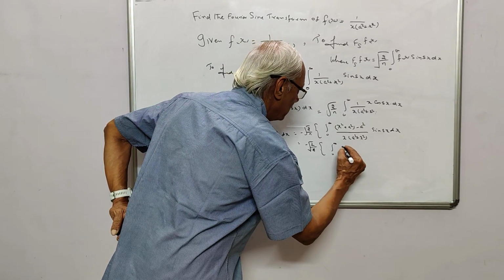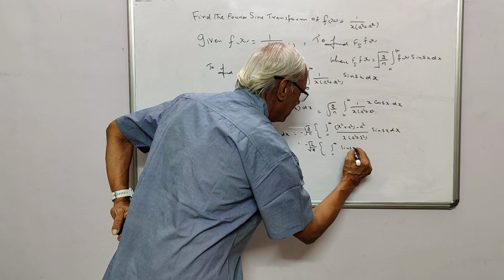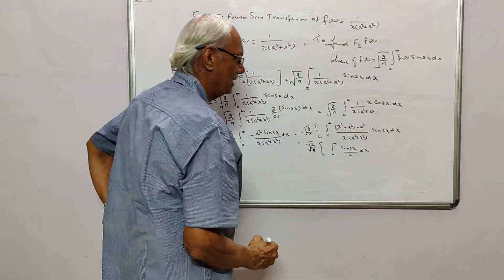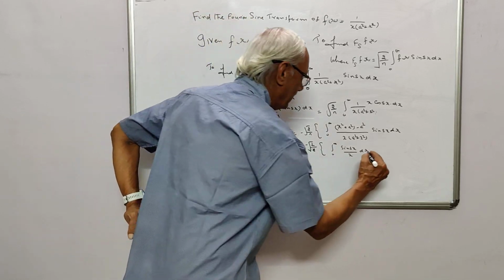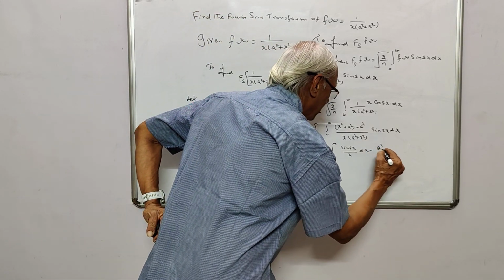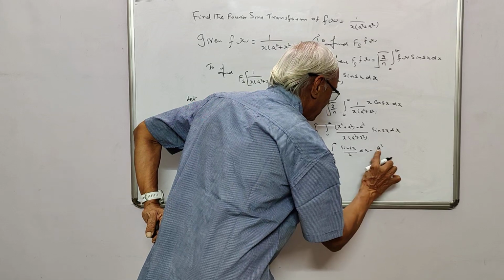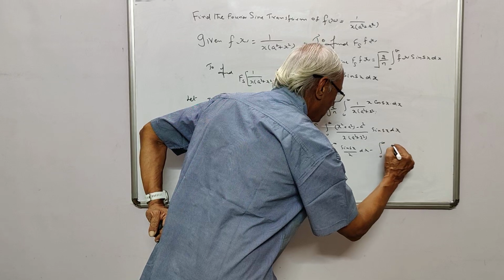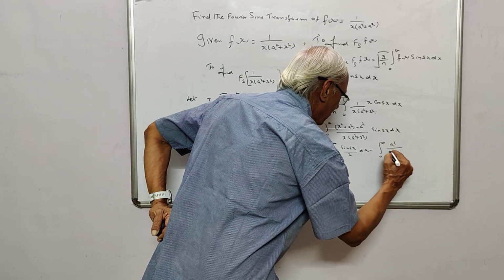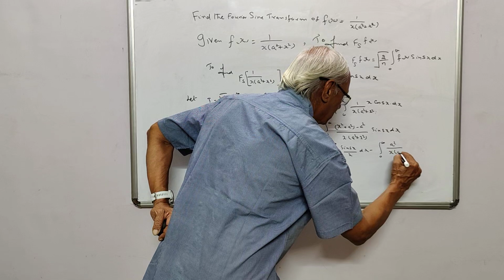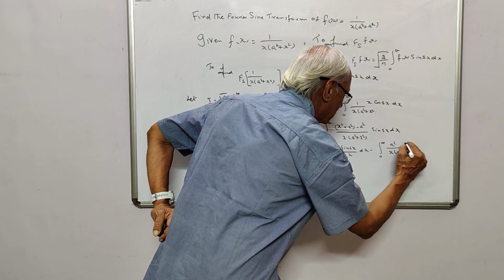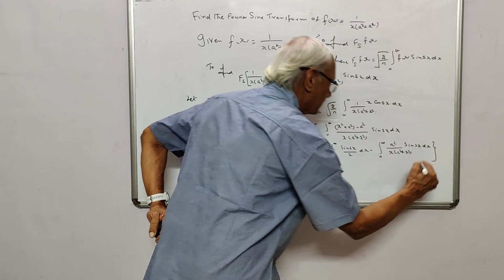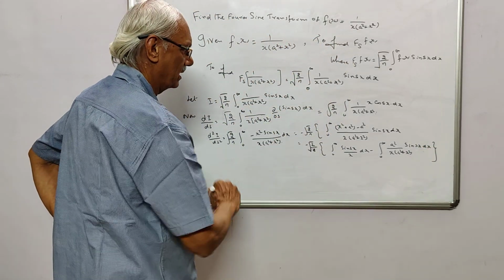So this is equal to integral of sine sx by x dx, minus a squared, see, minus integral from 0 to infinity of a squared by x into a squared plus x squared, sine sx dx. So I split it into 2 integrals.